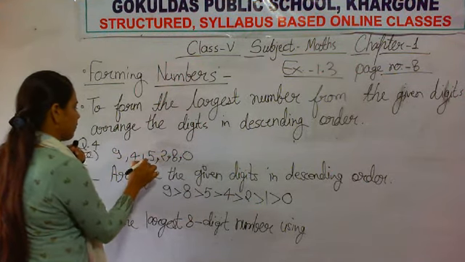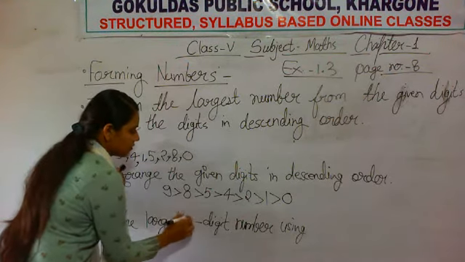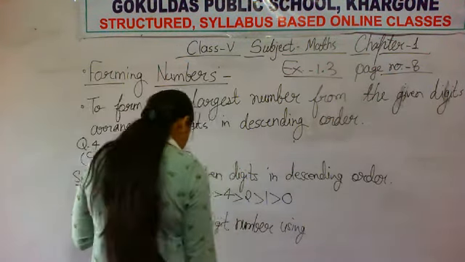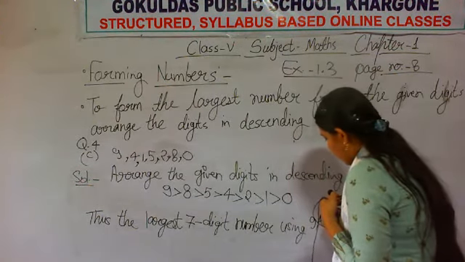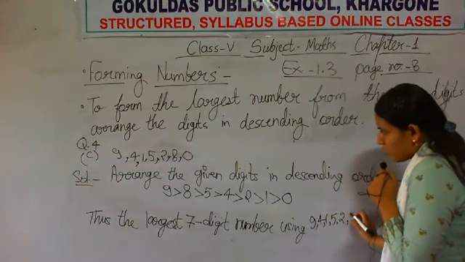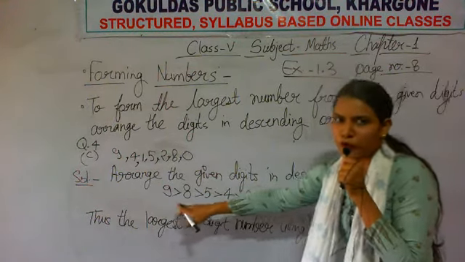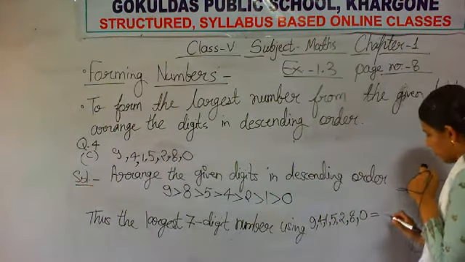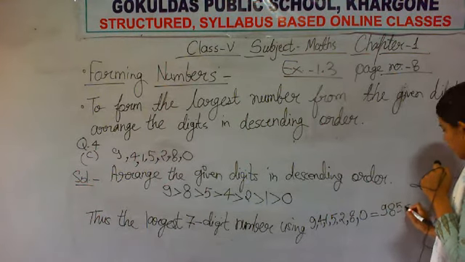Now, thus the largest 7-digit number using 9, 4, 1, 5, 2, 8 and 0 is, what you have to do? You have to write down all the digits without the symbol. So write all the digits together without the symbol.